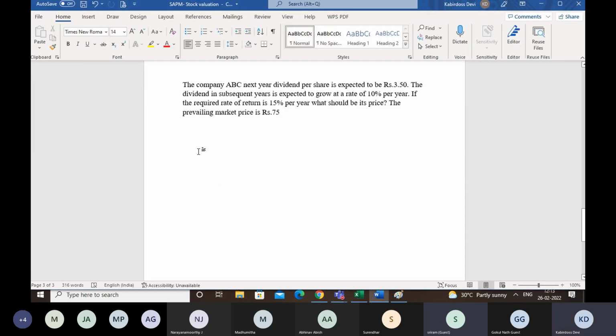Okay, so take down. Anil estimates that from investment on A, he would get 15% dividend in the coming year.